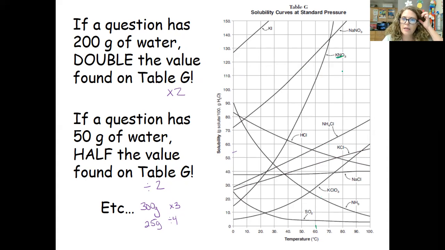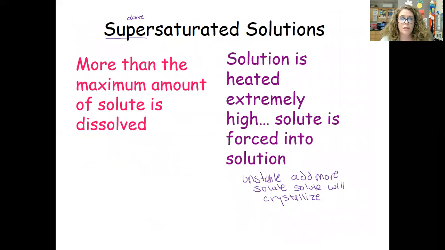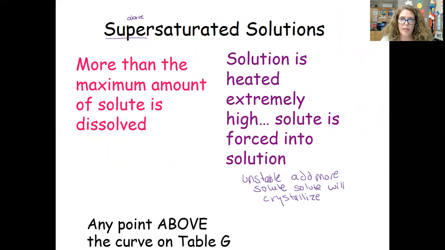So at 60 degrees, potassium nitrate can dissolve this amount of substance, which is about 105. Wow, now that's kind of interesting. So if a solution at 60 degrees contains 70 grams of potassium nitrate, identify 2 ways it can be made a saturated solution. I think it's already a saturated solution, but let's just see.